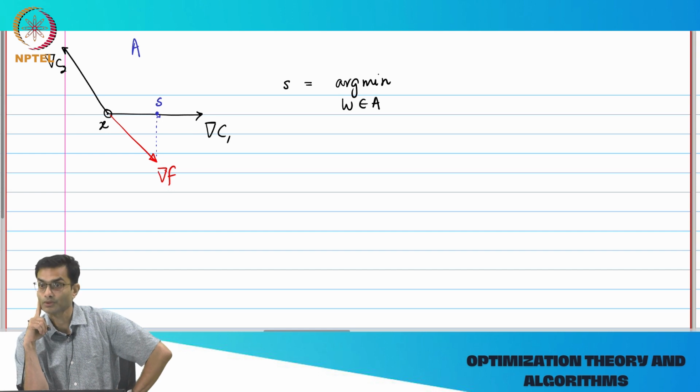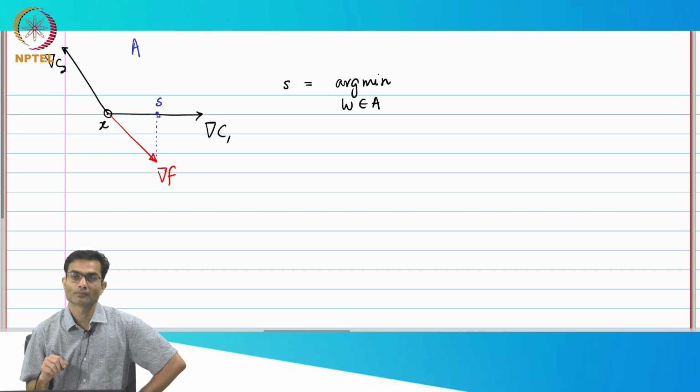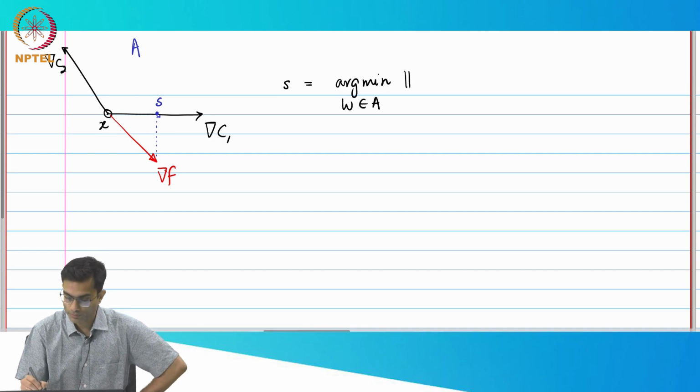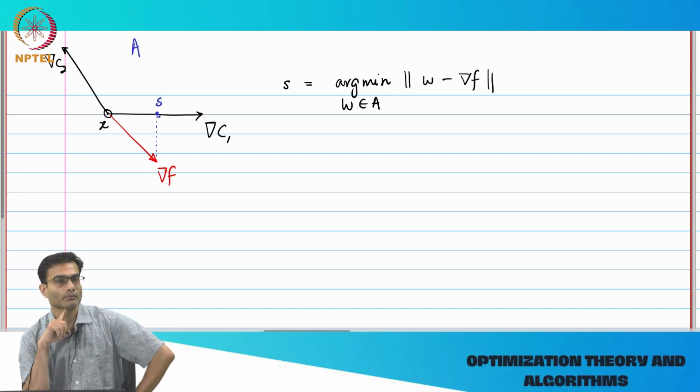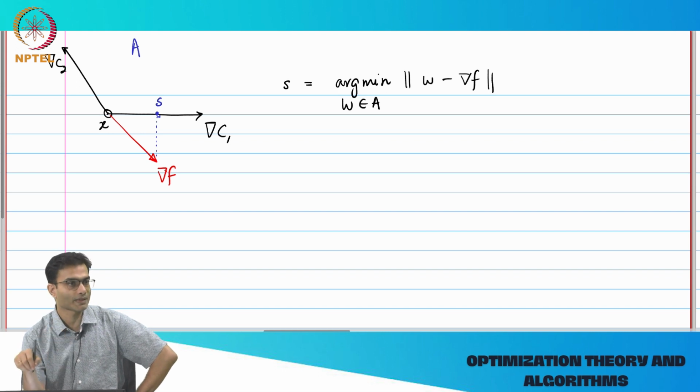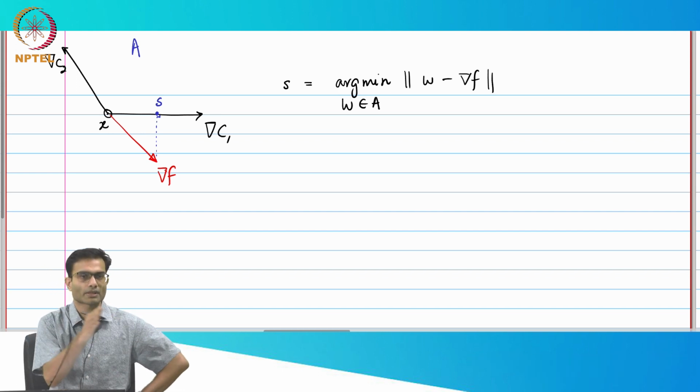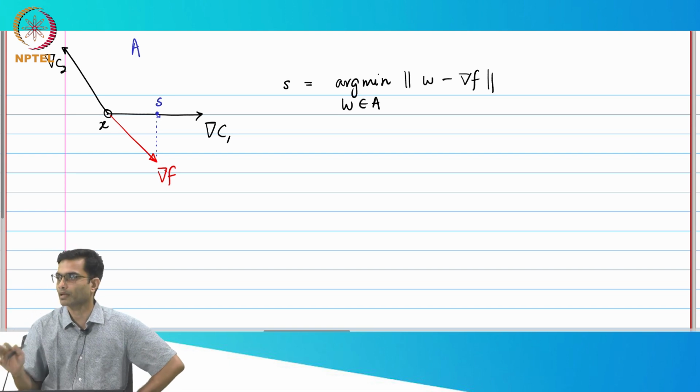The distance to what? Grad f. So what should I write over here? Norm of W minus grad f, right? So this is a very simple example of a projection operation. It looks fancy when you write it, but it's just going step by step from left to right. I come up with this.